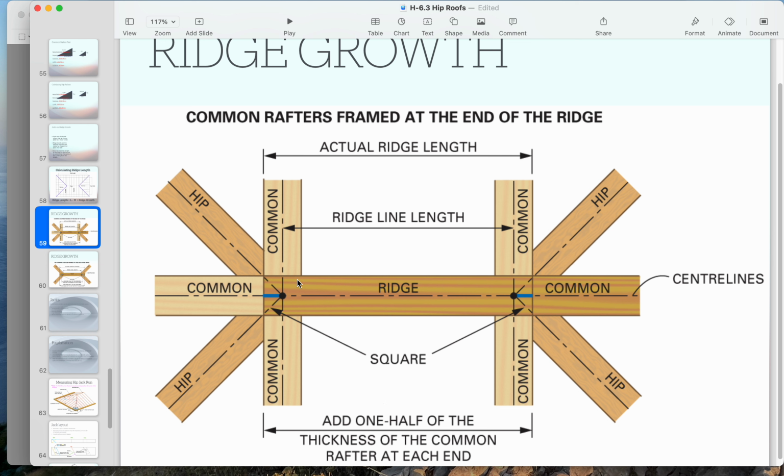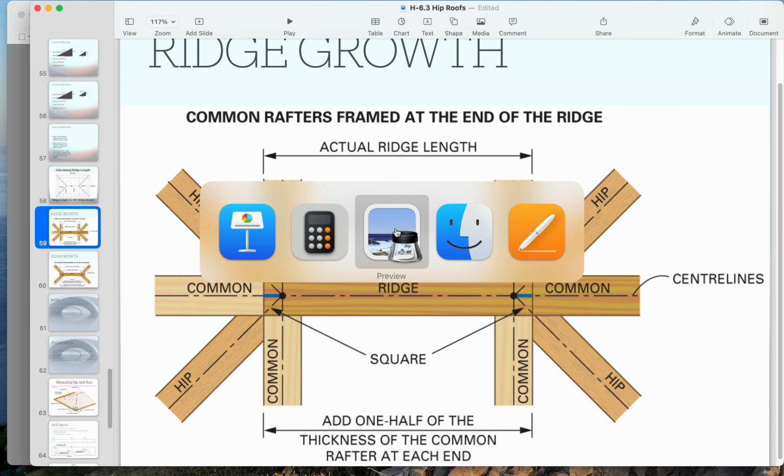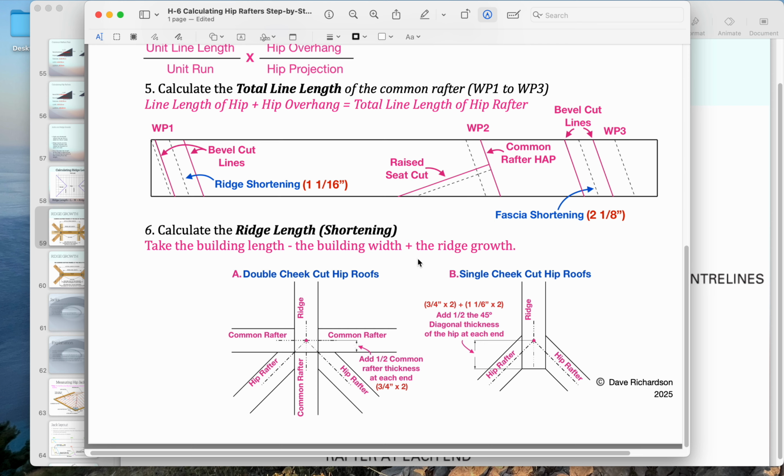They don't take into account the thickness of any of the wood. We are going to add on 3/4 of an inch and 3/4 of an inch. So we had 183 inches, and we're going to add on 1.5 inches. So our actual ridge length will be 184.5 inches.